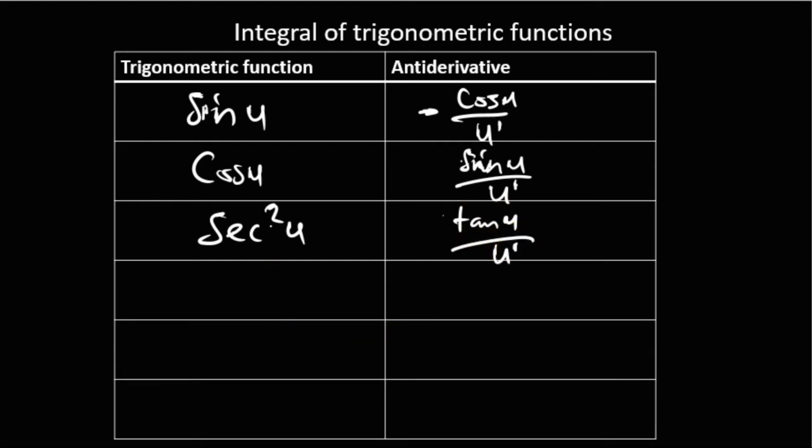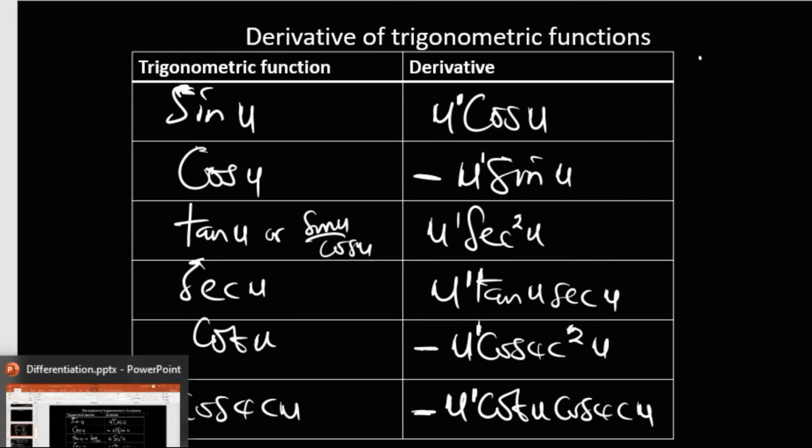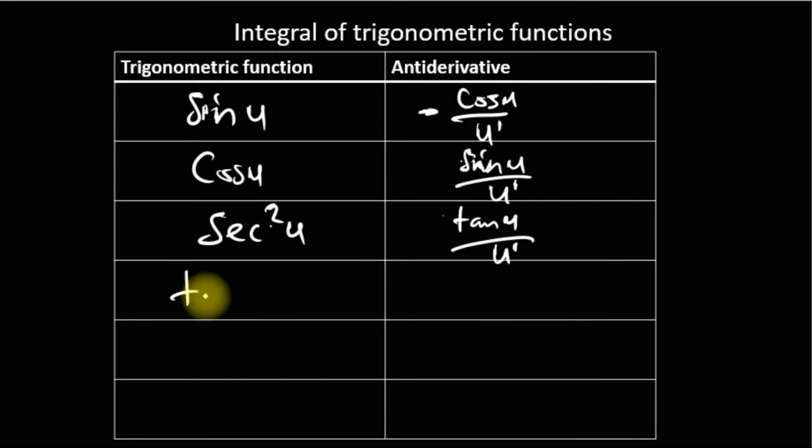So are you getting the logic? See the formal table for differentiation. I'm just making the left hand side the subject of the formula, that's it. So again, if you integrate tan u sec u, it is now sec u over u prime.